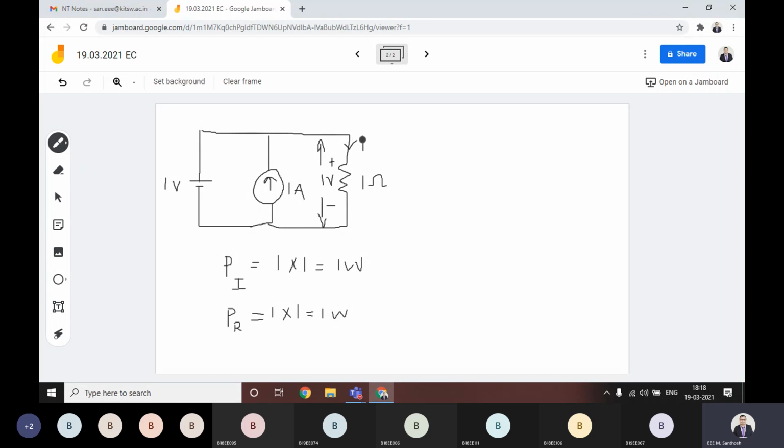Whenever there is a current flow of 1 ampere, it must be flowing through this branch. That means at this node, one current will go this way, with a value of 1 ampere, and the other current going this way is equal to 0. There is no current flowing this side. There is current flow from this side only.